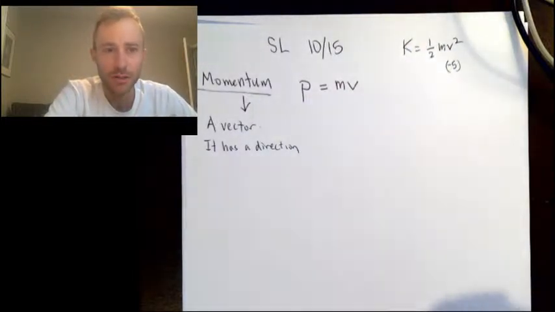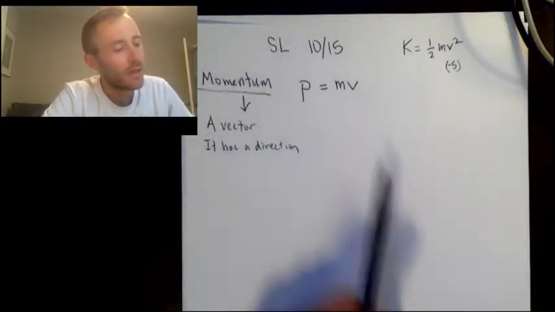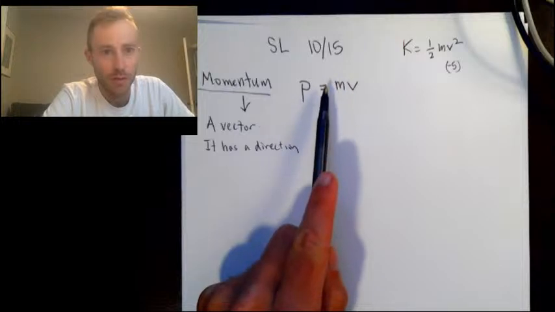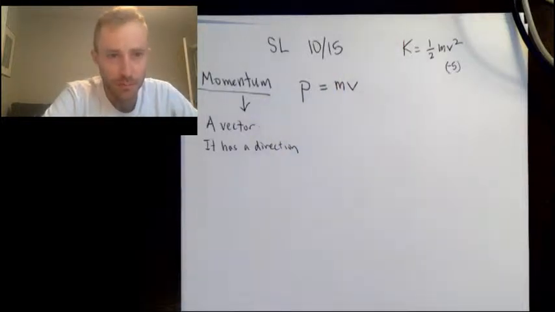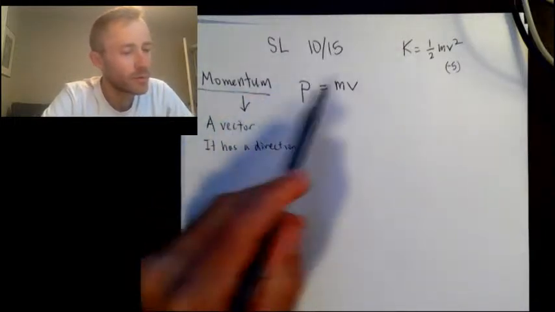So your kinetic energy is the same whether you're going to the left or to the right. However, if you're going to the left, because there's no square here, your momentum is going to be negative. That's a crucial difference.